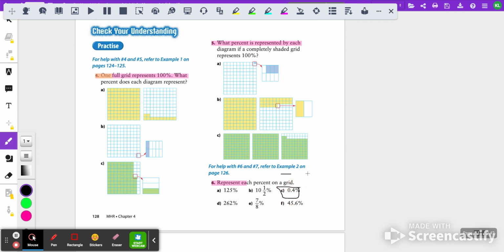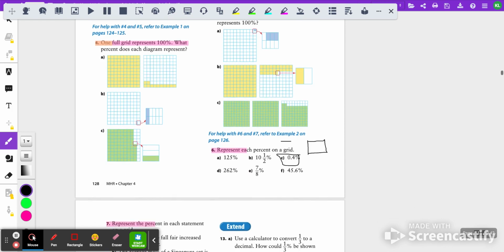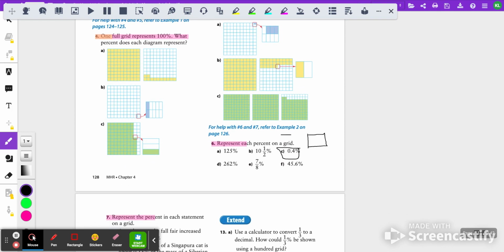So it is less than 1%. So I'm shading in a grid. I'm shading in only one square on a 100 chart. I have 0.4% of a single square to shade in.